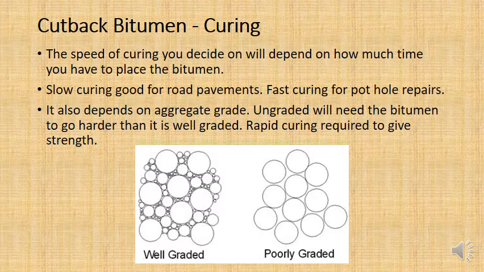Why is that? Well, with a pothole, the road is still open. Someone will come, fill in the pothole, compress the asphalt and drive off, and immediately people are going to be driving over that asphalt. And while the diluent is still in the bitumen, it's going to be very soft and spongy and weak. So you need it to be faster curing so that it'll go hard and strong faster.